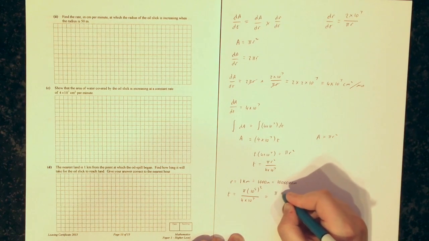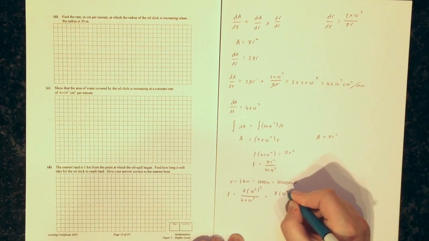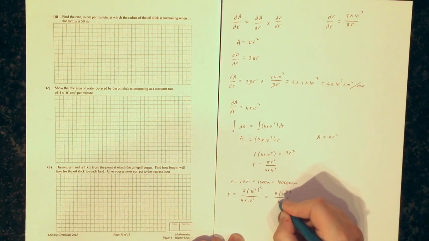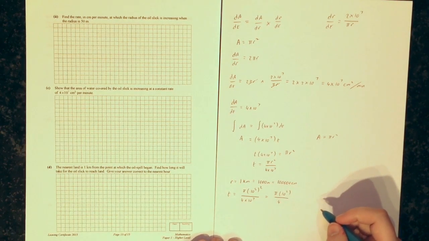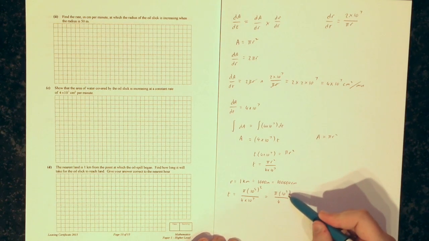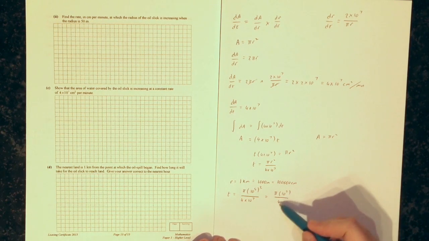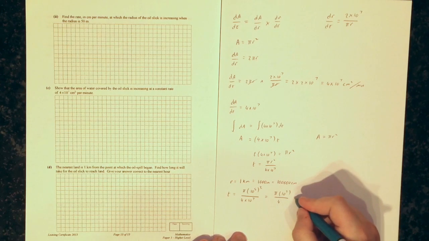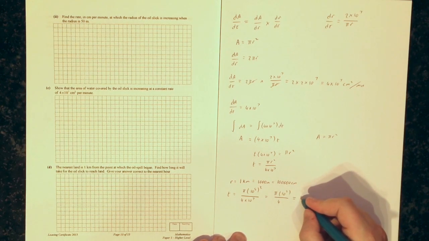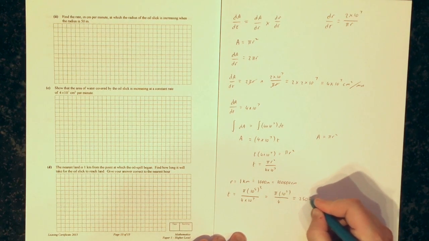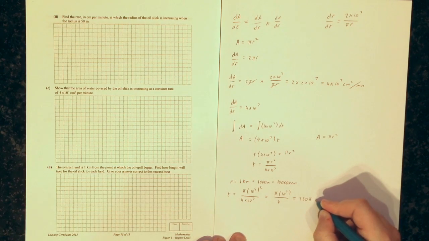So that will be π times 10^3 divided by 4. Now 10^3 is 1000, divided by 4 is 250. So the time will be 250π minutes.